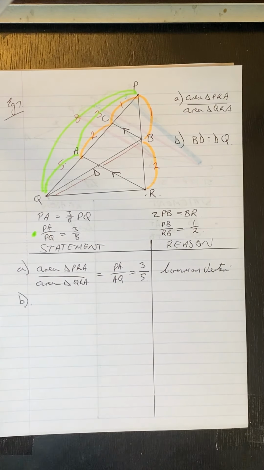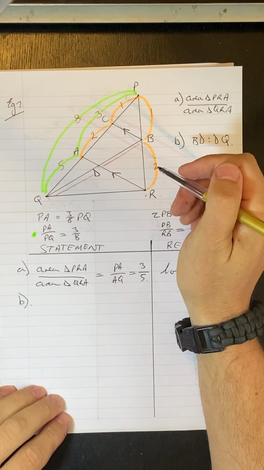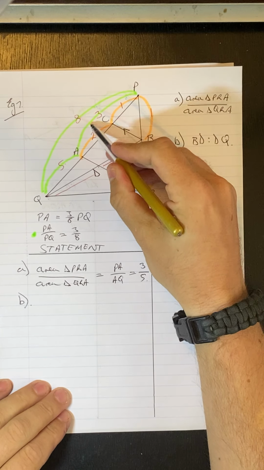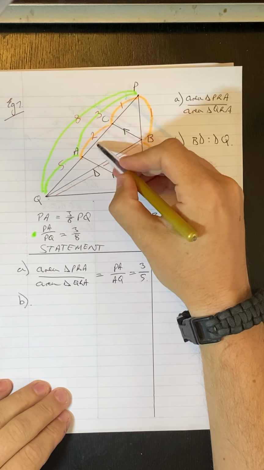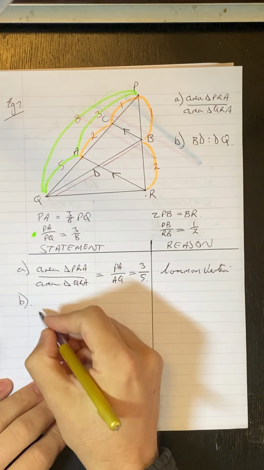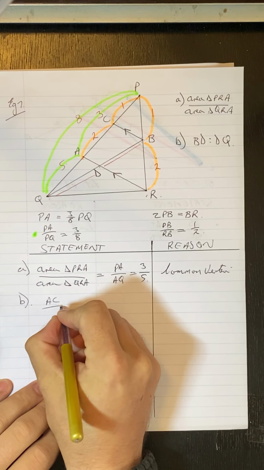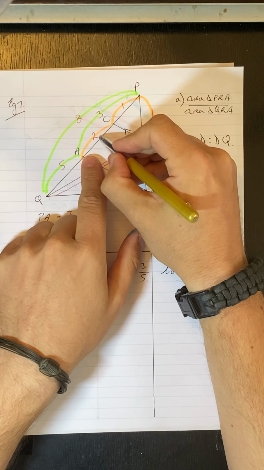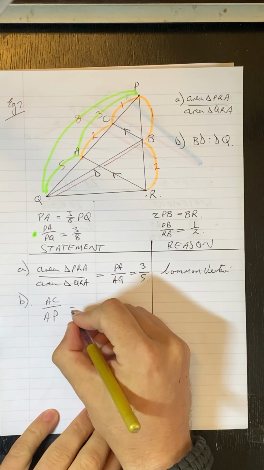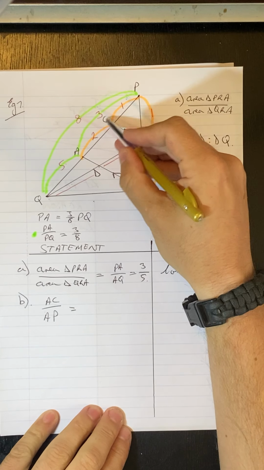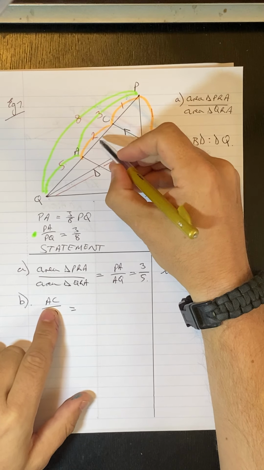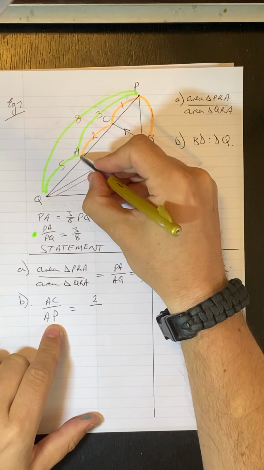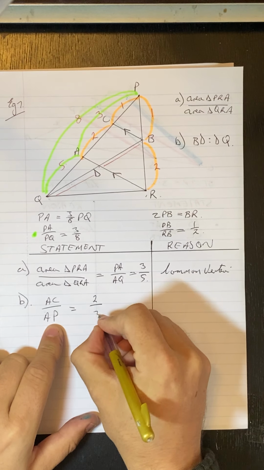Okay, so first of all, if I have a look here, I know that AC to AP, because that's the only green part I know for this AC part. So AC to AP, and that is what I want to find, guys. I want to find this one in terms of the green. Okay, equals. Now, I know that this one is equal to this orange bit, which is going to be AC is 2, and then my AP to the orange is 3.